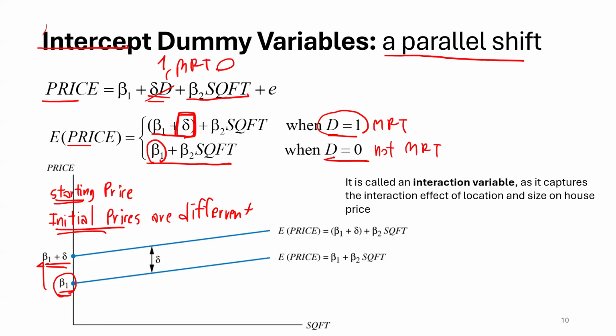They shift completely. For example, if this parameter equals 8,000, it means the house that is close to MRT has a price higher than not close to MRT by 8,000.